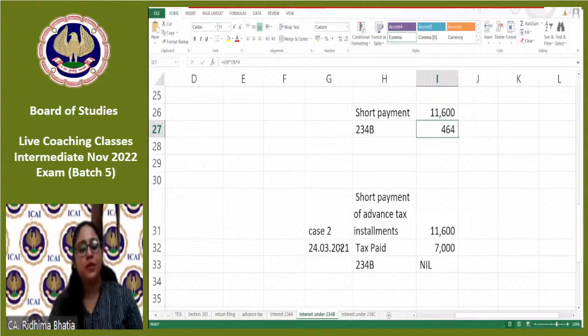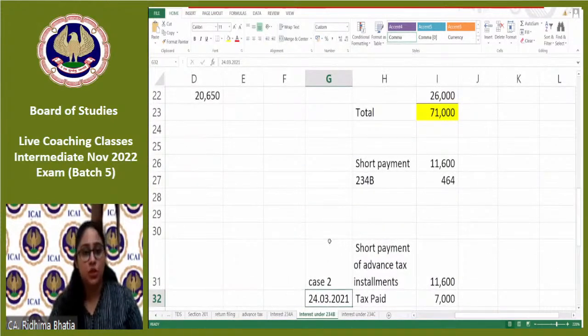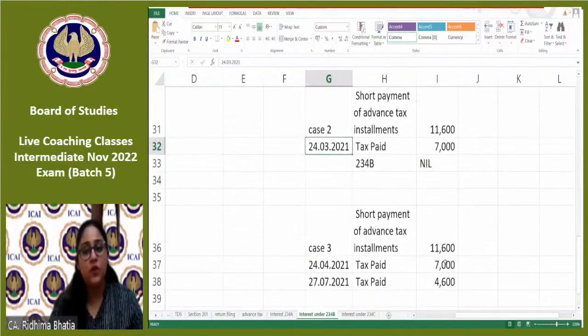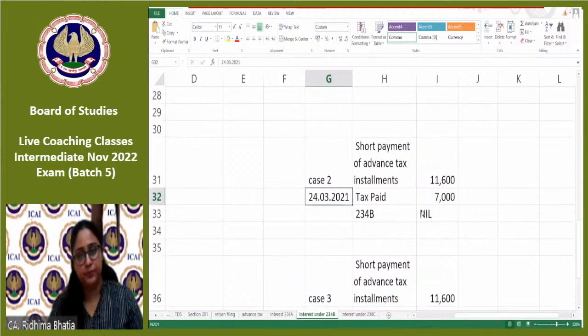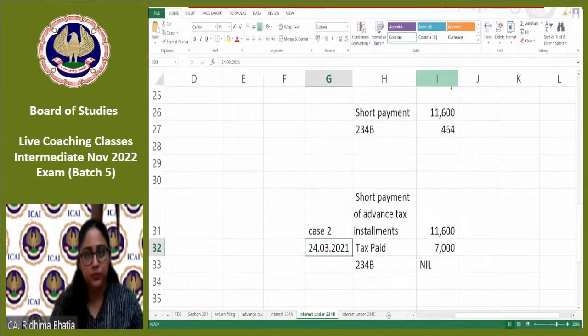In this example, make it 22. So I paid more tax on 24th March. I'm not paying it in installments. So I paid more tax of 7,000 on 24th March. Will 234B come or not?